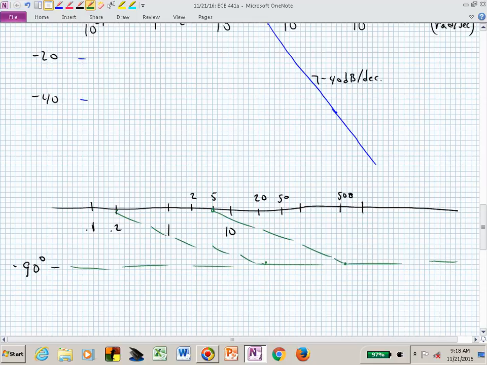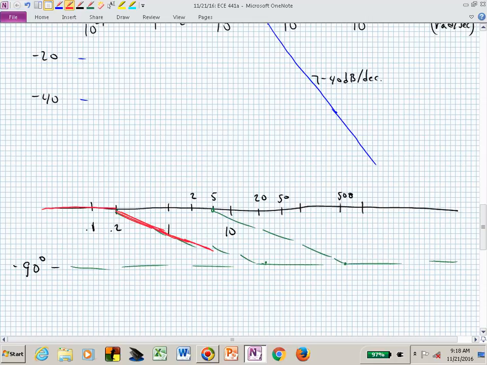And if I now wanted to put all of those together, I would be flat. These are just straight line approximations until I hit my first contribution, which is at 0.2, a decade before 2. Then at 5, which is a decade before 50, I now have both pole factors contributing phase.